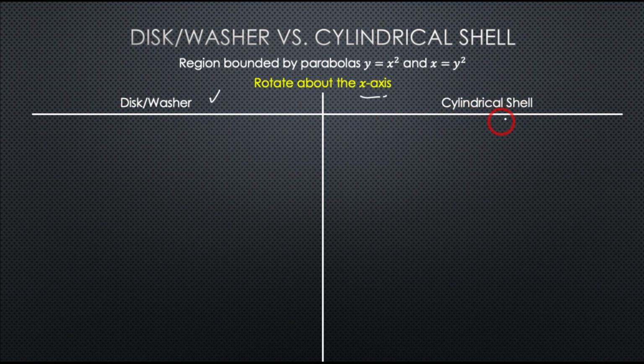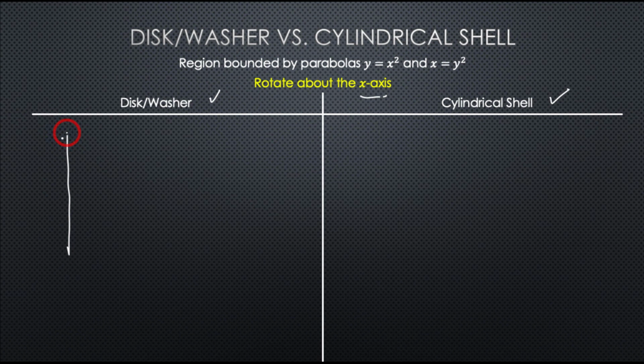So we will compare these two methods to find the volume generated by the region bounded by these two graphs when it is rotated about the x-axis. You should get the same answer for these two methods. First, we sketch the graph. It rotates about the x-axis.